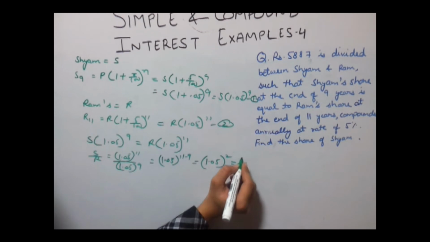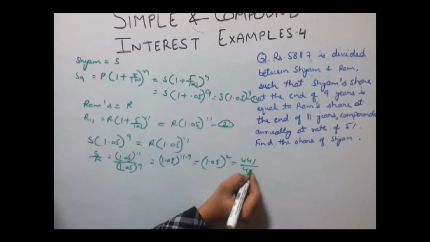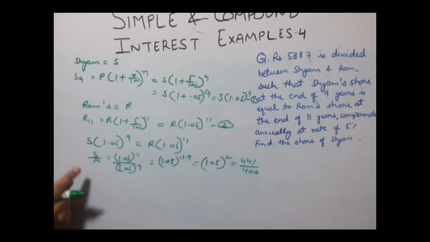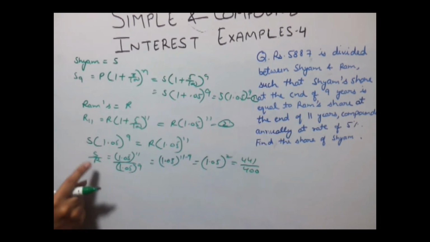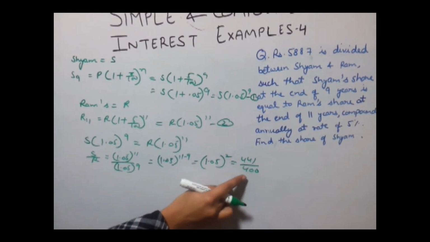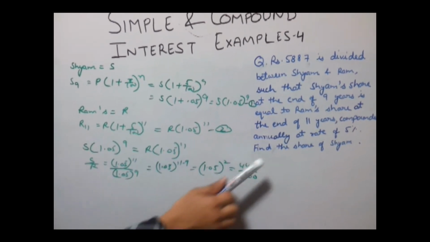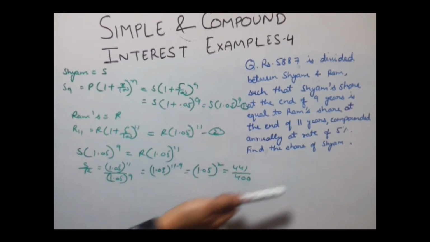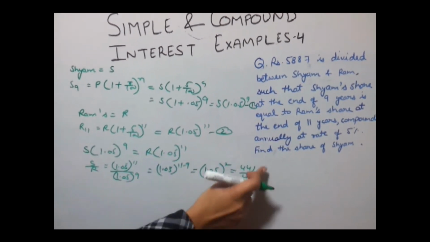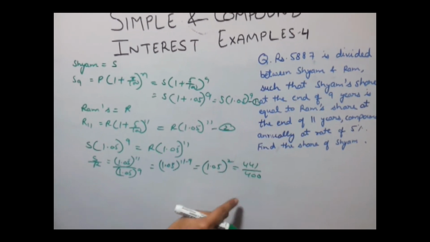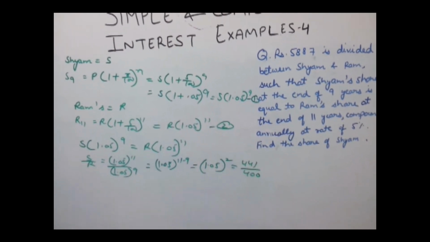After solving this, we'll get 441 upon 400. So the ratio of Shyam's share and Ram's share is 441 divided by 400. But we need to find out the share of Shyam. So using our concept of ratio and proportion, we will find Shyam's share.